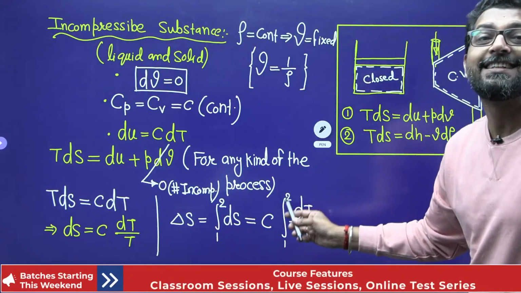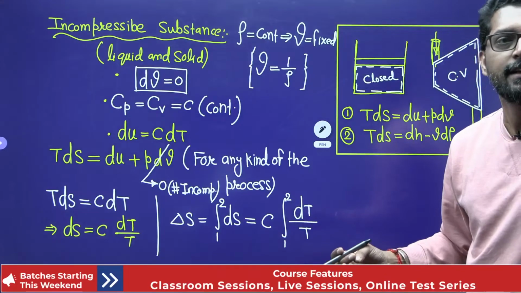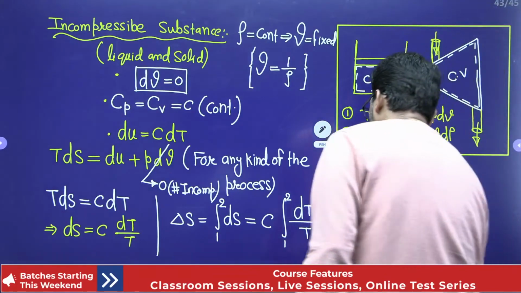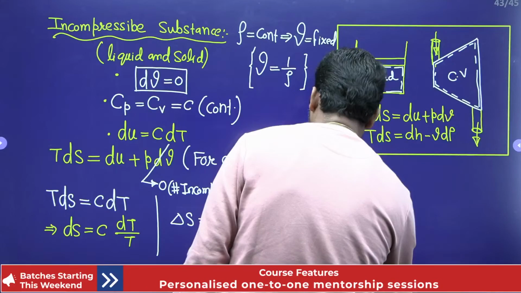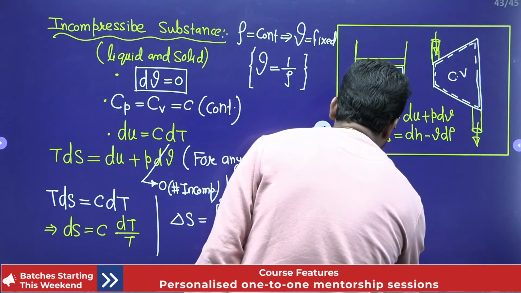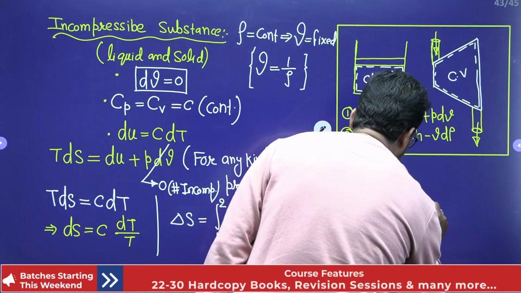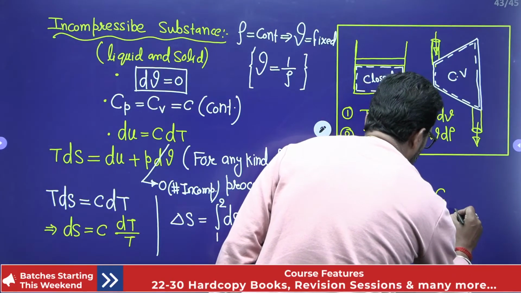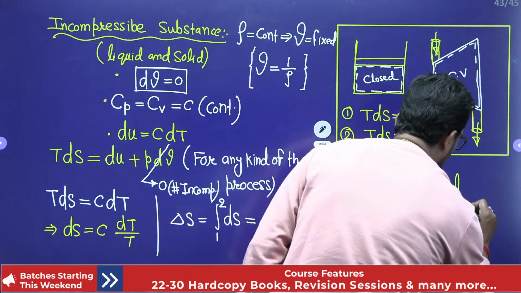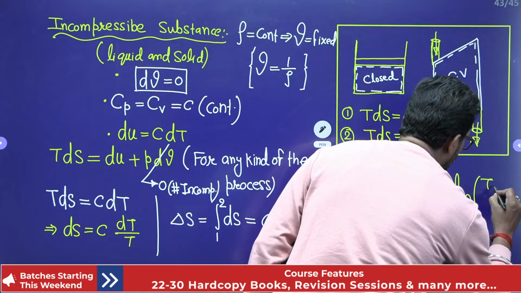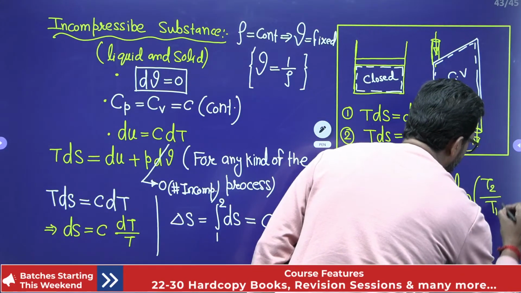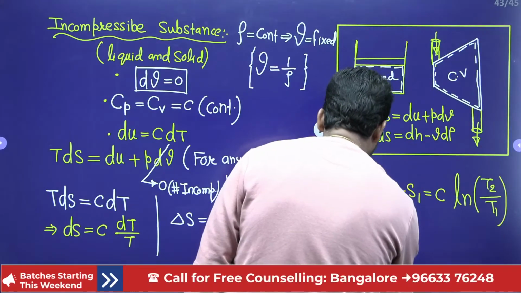C ln T2 by T1. That means for the incompressible substance, the change in entropy, S2 minus S1, for any process is equal to the specific heat of the substance times ln of final temperature by initial temperature.